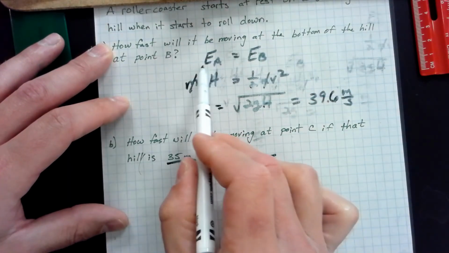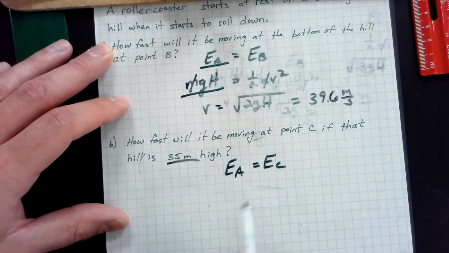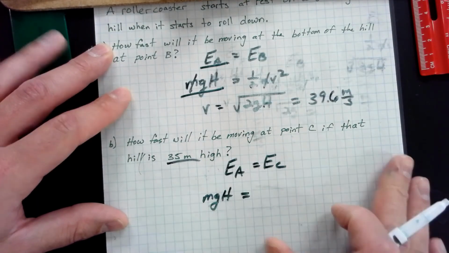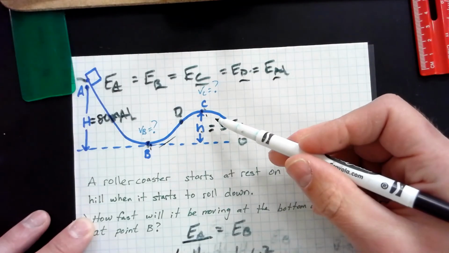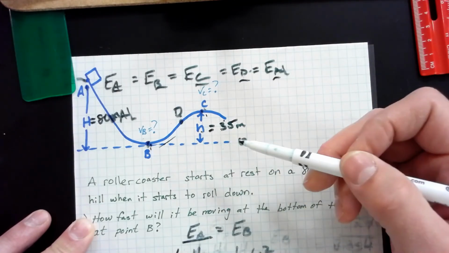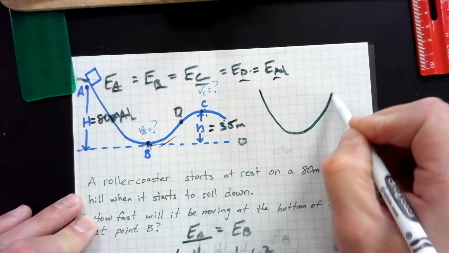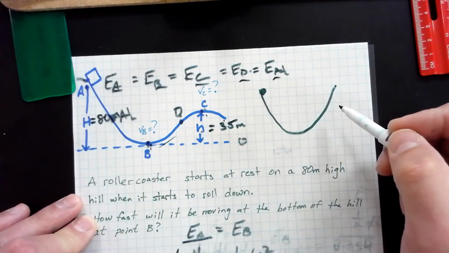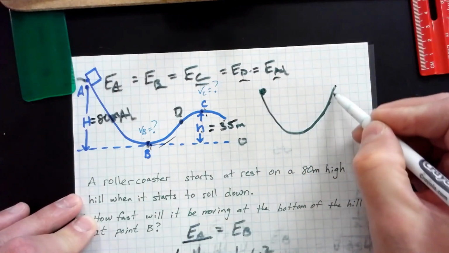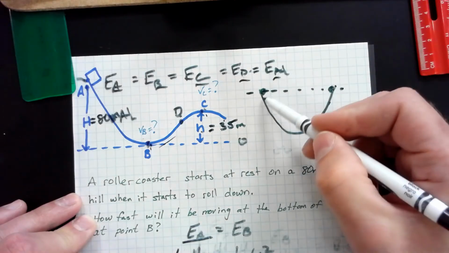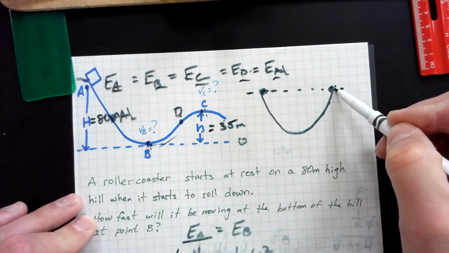The energy at A was just that potential energy, which is mgH. At point C, does it have a height? Yes. Is it moving? Yes, because you know from the energy skate park that if you let an object go at rest here, it's going to end up at the same height, where it stops, because the energy at point A has to equal the energy at that point.